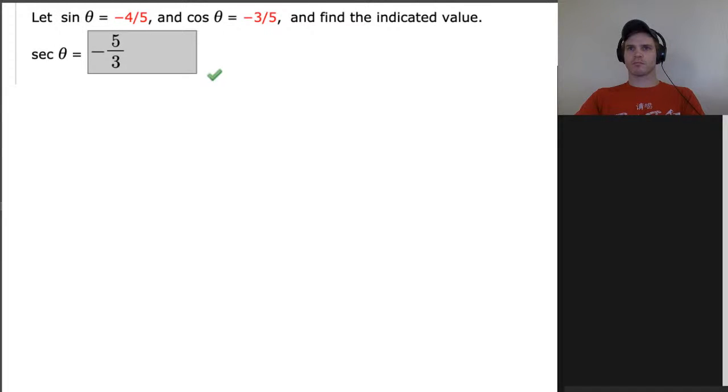Let sine of theta equal -4/5 and cosine equal -3/5. Find the indicated value. Okay, so we've got sine and cosine both negative, and when sine and cosine are both negative, that means we're in the third quadrant.